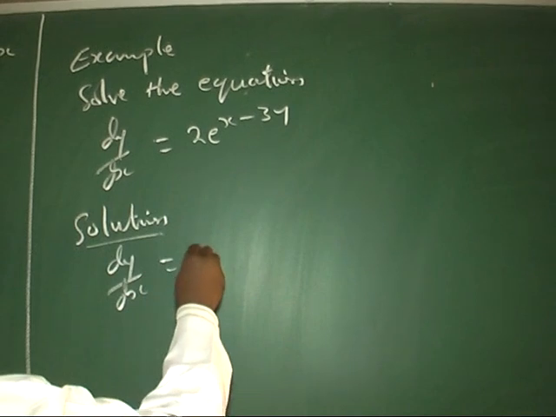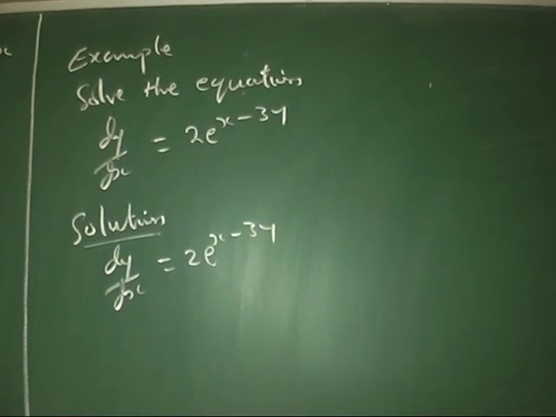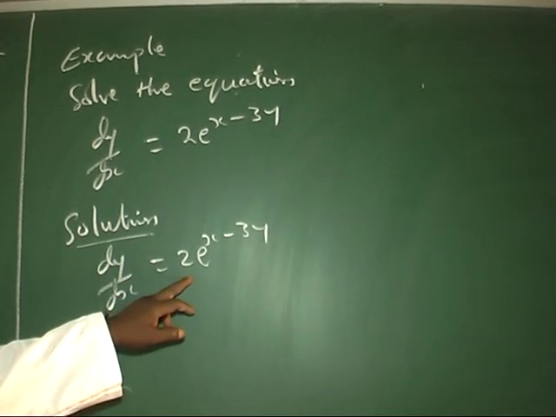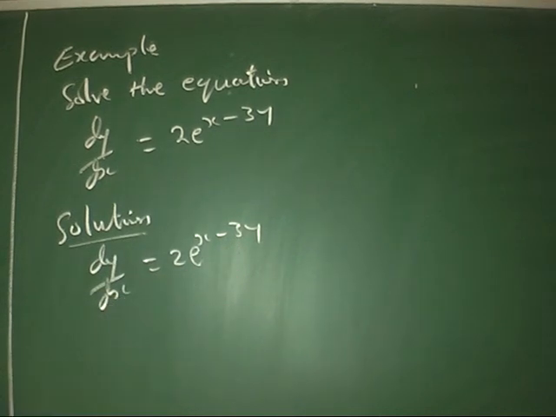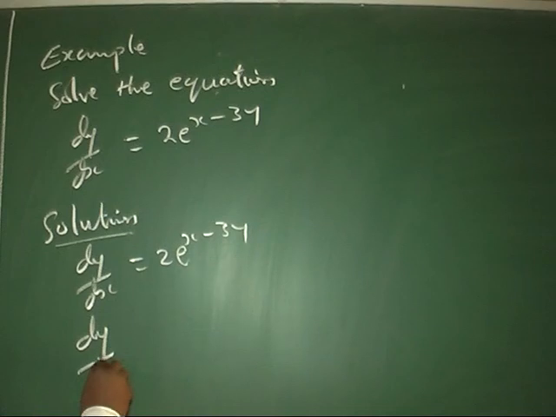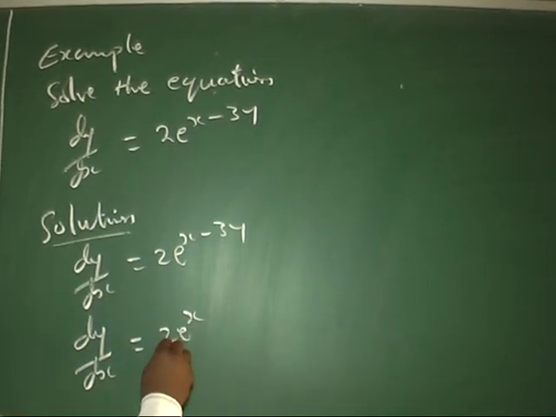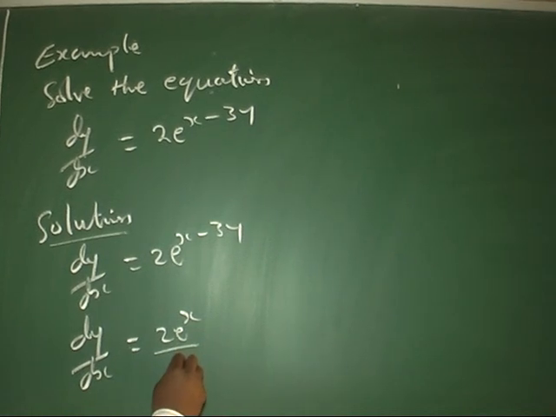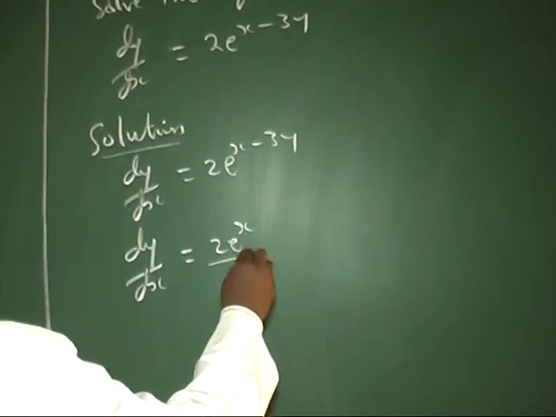Dy dx is equal to exponential x minus 3y. You see, as it is, we cannot integrate it directly because of this. And so, we can write it as dy dx is equal to exponential x all over exponential 3y. That's what it means.